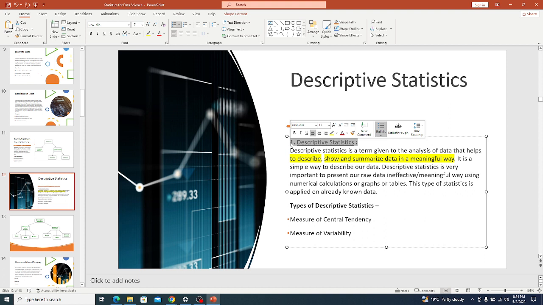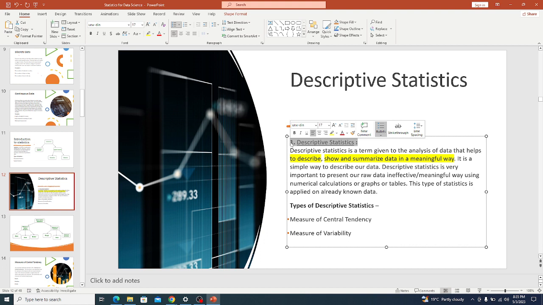The third, which is missing here, is the measure of asymmetry. So let's start with the first one, measures of central tendency. Under measures of central tendency, we have mean, mode, and median.